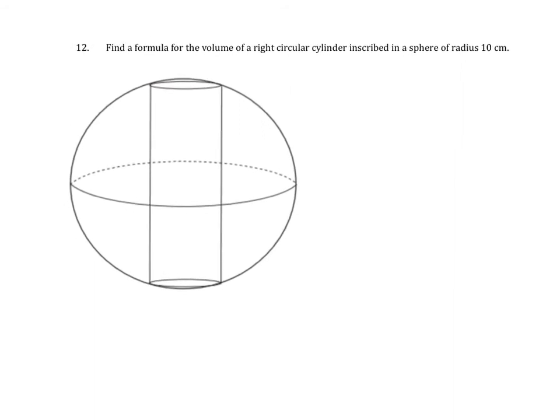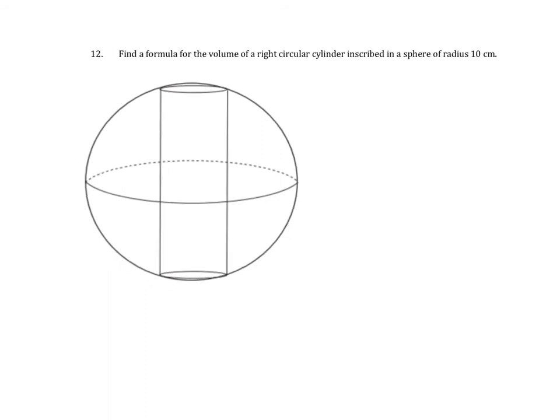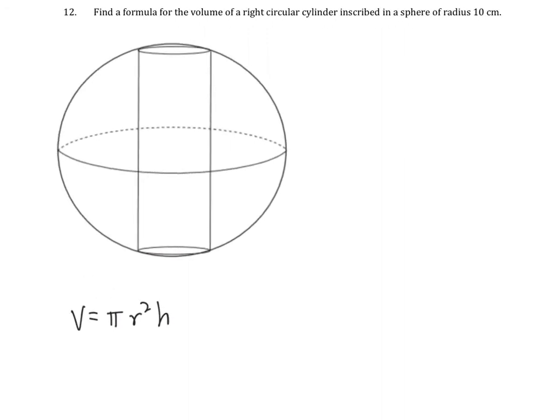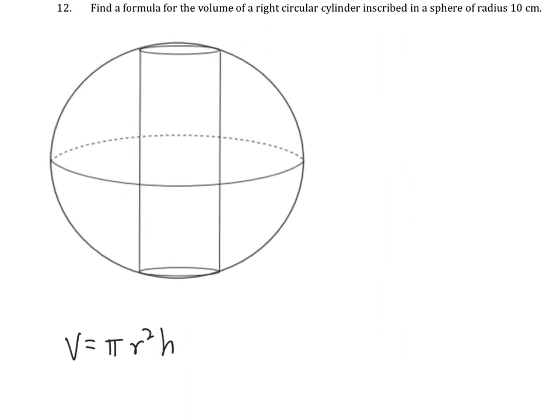Okay. So we have to get a formula for the volume of that cylinder. And so we'll start off with that. Volume is pi r squared h. Okay.